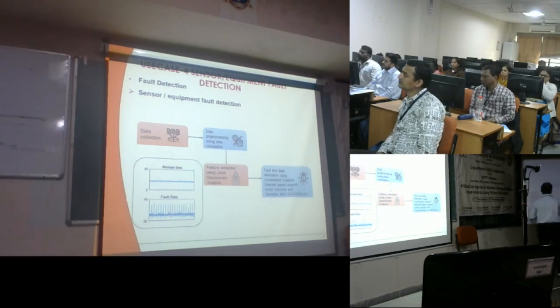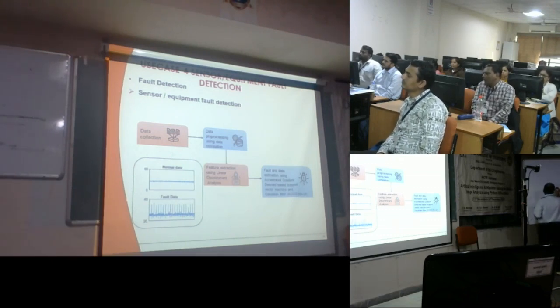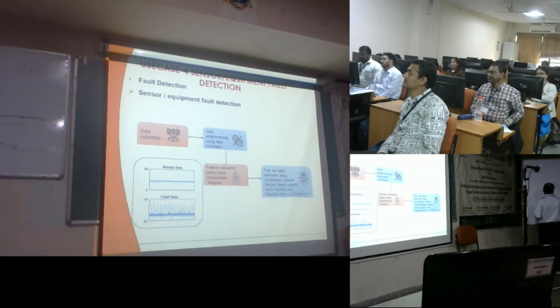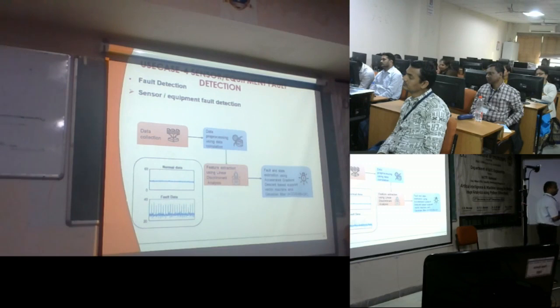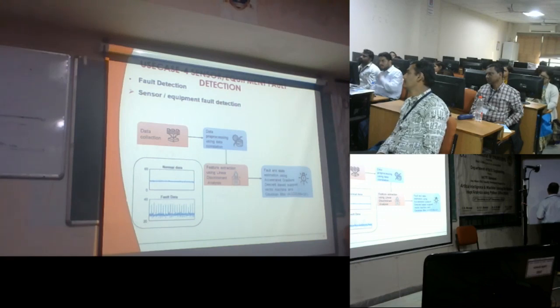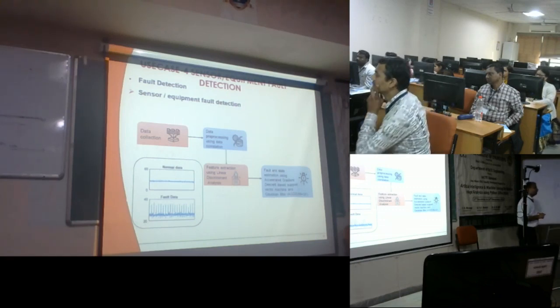Let us assume I have one sensor, sensor one, which is giving the temperature T1. Here the operator has a computer-based system which is getting this temperature T1. The operator is sitting here and also monitoring. Okay, fine.